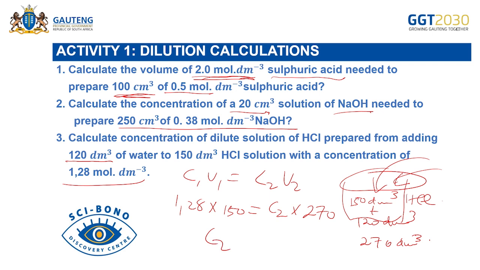Right, then your C2 here will be 1.28 times 150 divided by 270, right? So it's going to be, 1.28 times 150 is 192, divide that by 270. So I'm getting 0.